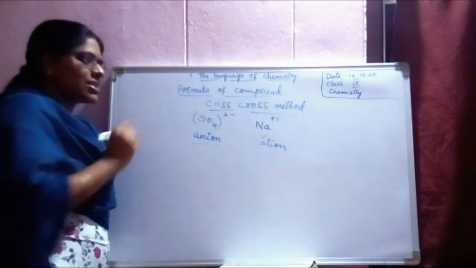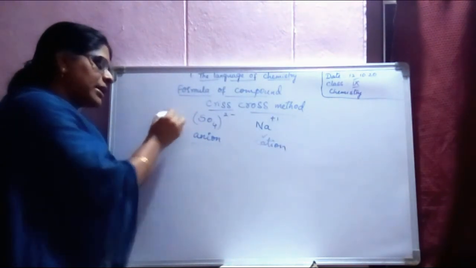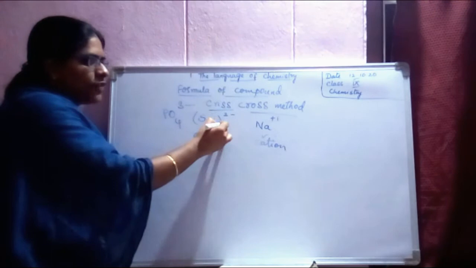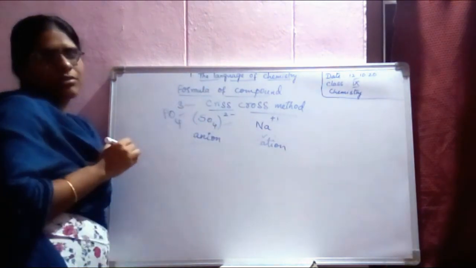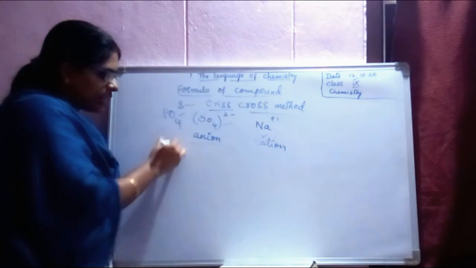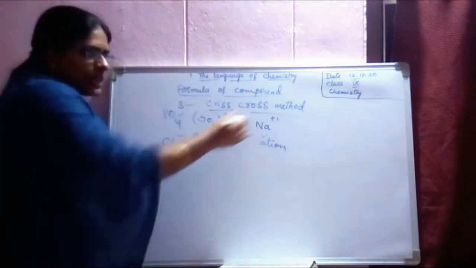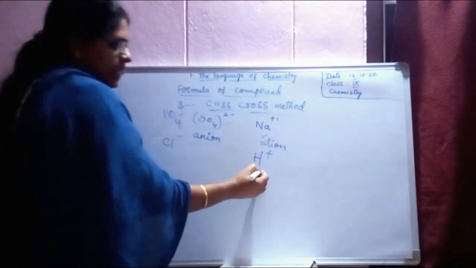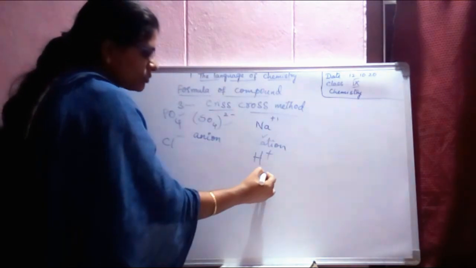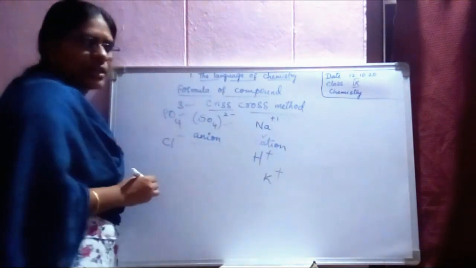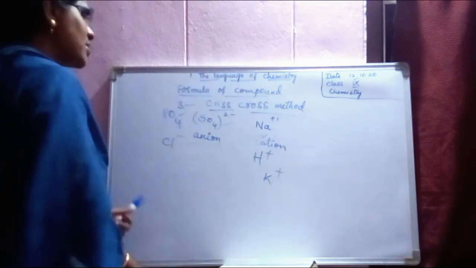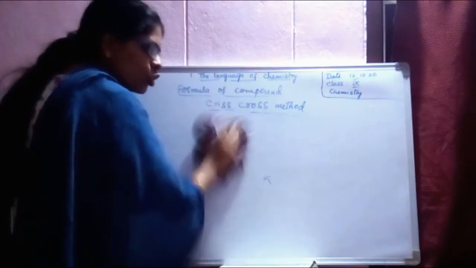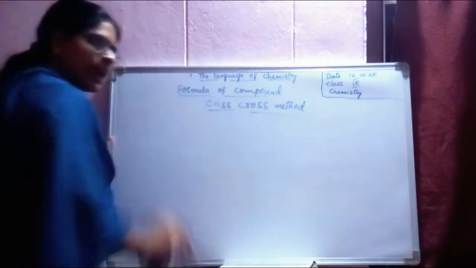Not only sulfate, you have PO4 3 minus, phosphate ion. What more are there? Chloride ion, Cl minus. Among cations, Na, H plus, next K plus. You must remember these ions. In order to write the formula, you need both a cation and an anion.